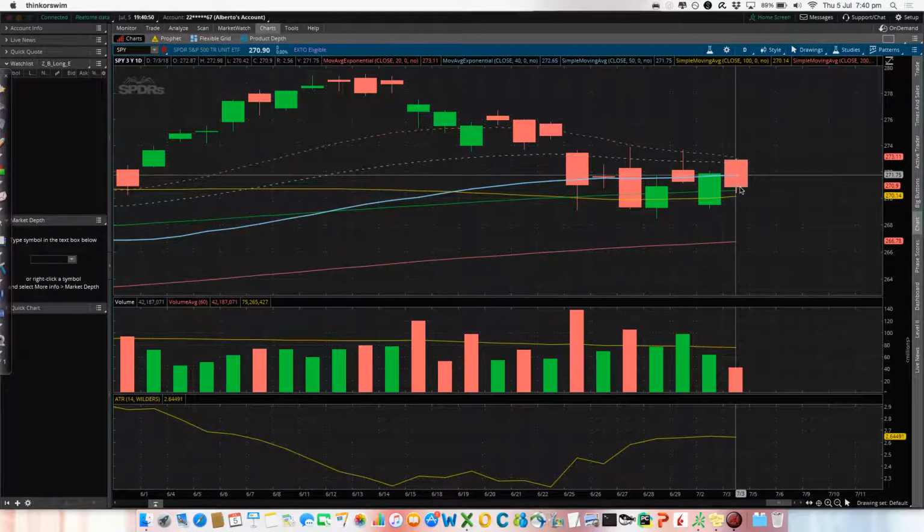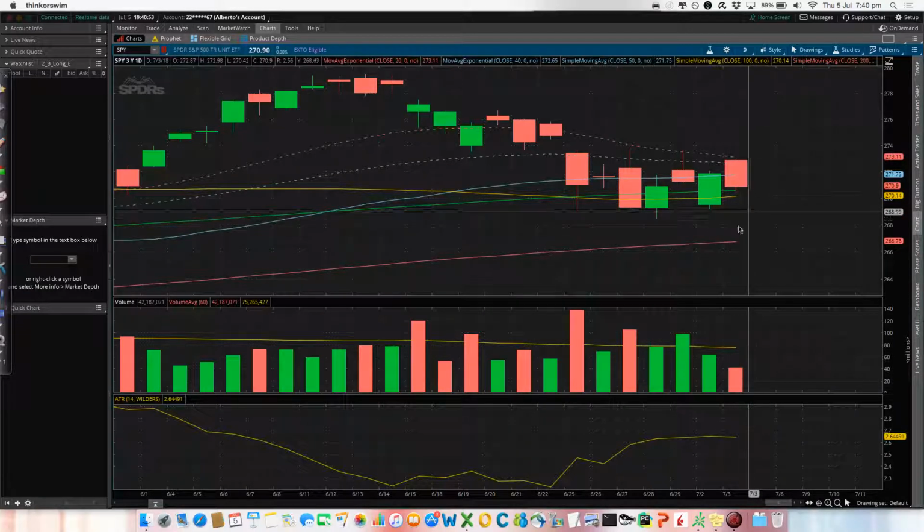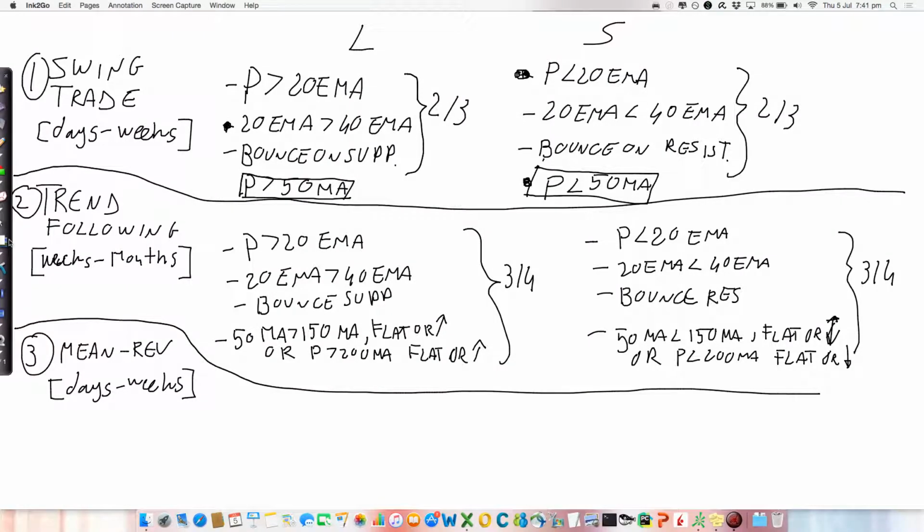Well, we have the price above the 200 sloping up, and also the 50 above 150 sloping up. So if we check our conditions, it means that this one is true and this one is true, and here this one is true, and I think that's all. So can we go long?